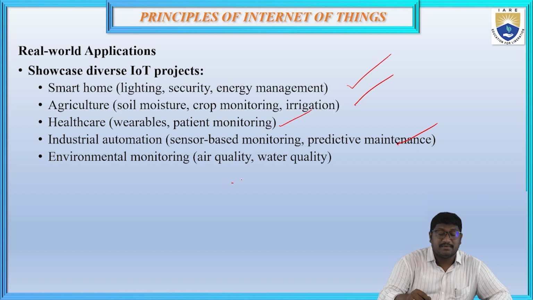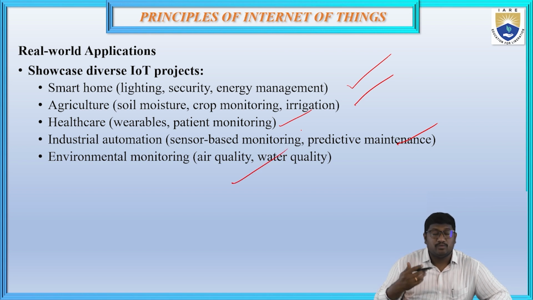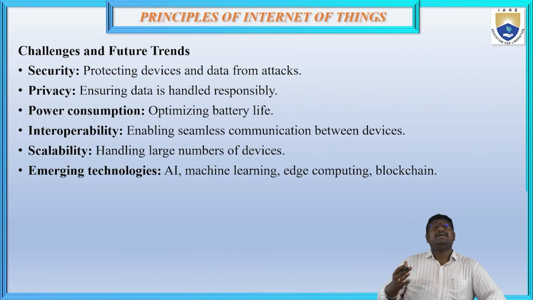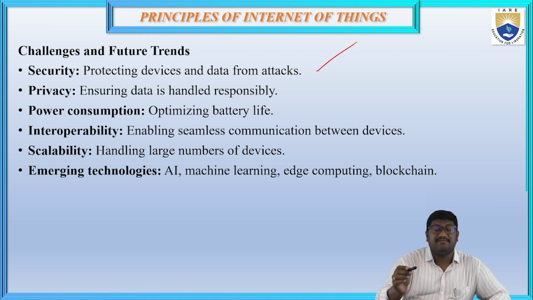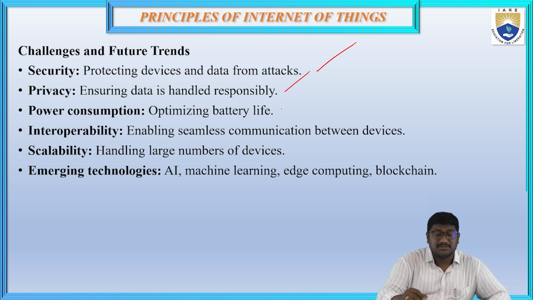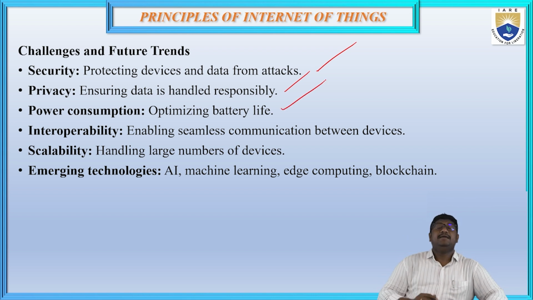And coming to environmental monitoring, where air quality, water quality and temperature, everything comes into the picture. These are the different kinds of real world applications. What are the basic challenges and what are the basic future needs? Security, protecting devices from data attacks, and privacy, ensuring data is handled responsibly. Power consumption, where we optimize battery life.